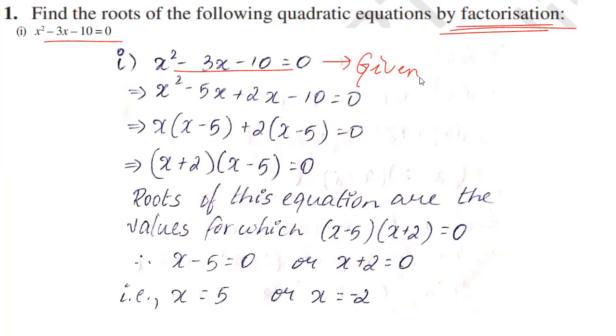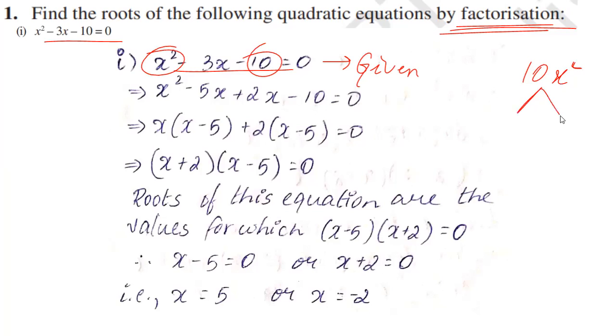Next, 10x square. Multiplying this 10 and this x square, we will get 10x square.